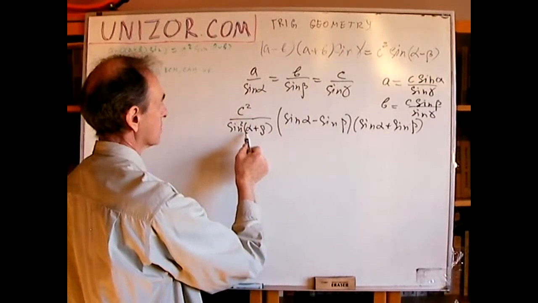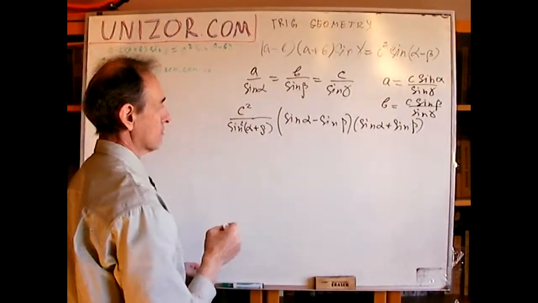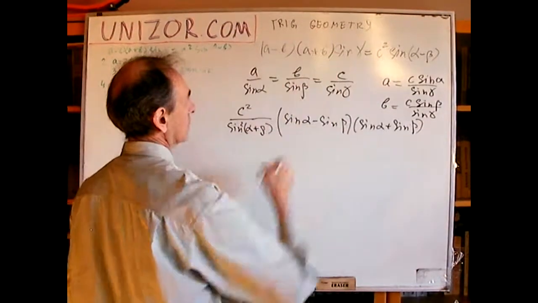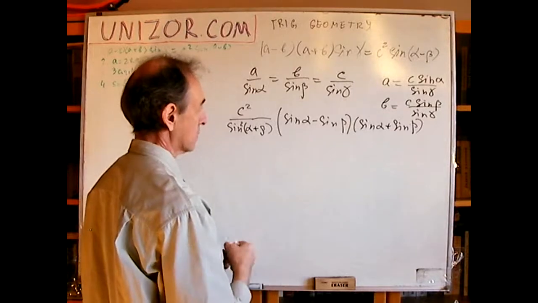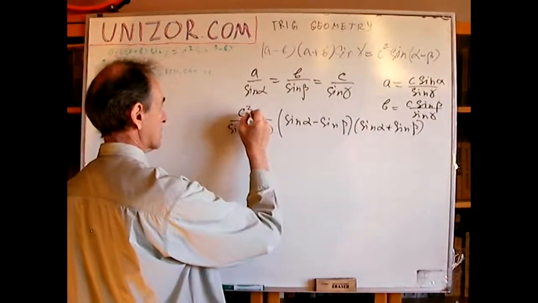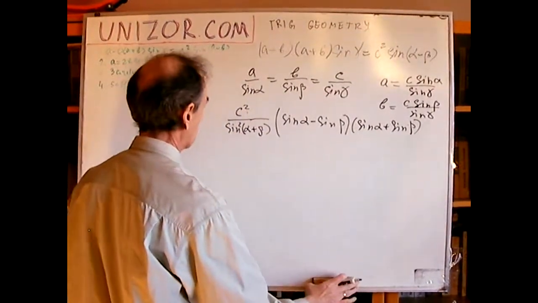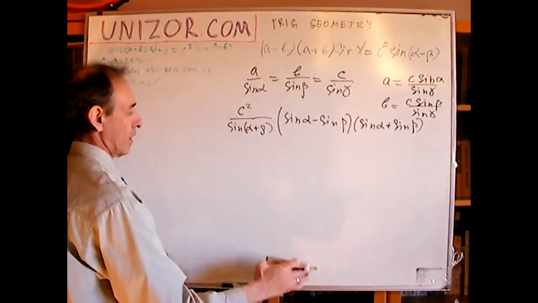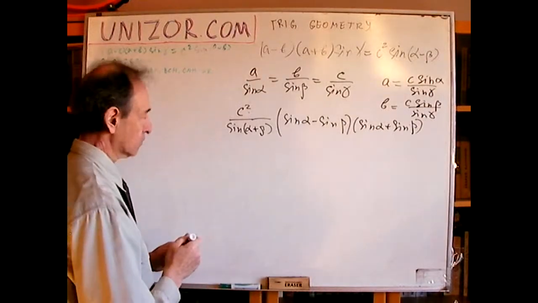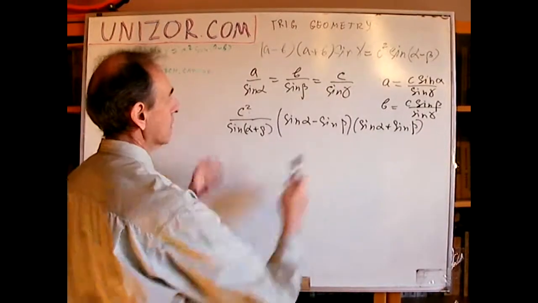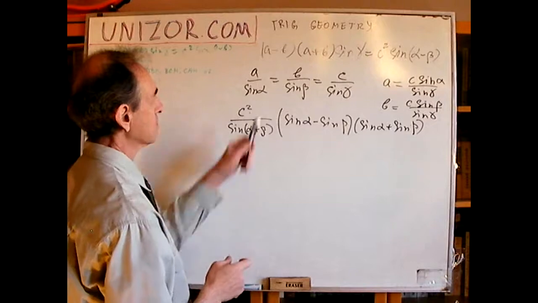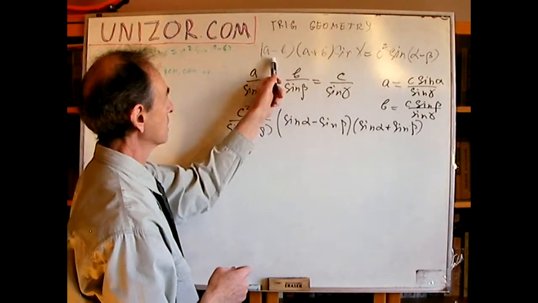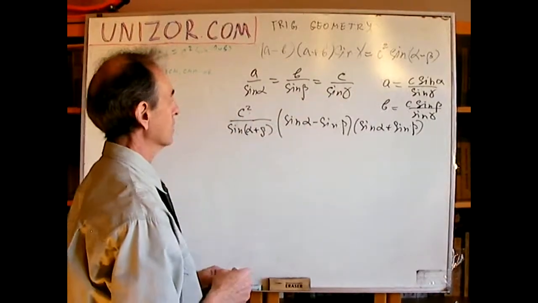So I have the c square and c square and sine square. So that's on the left. And sine of gamma, which is basically another sine of alpha plus beta, so I can just completely wipe out this square, right? That would be fine too. So this is my left part. After I substituted, instead of sine of gamma, sine of alpha plus beta, and instead of a and b, I substitute these values. That would be on the left.